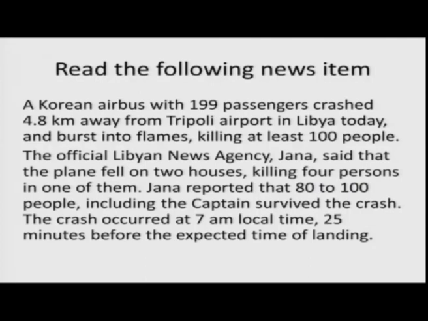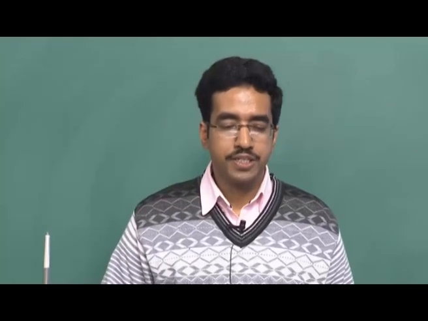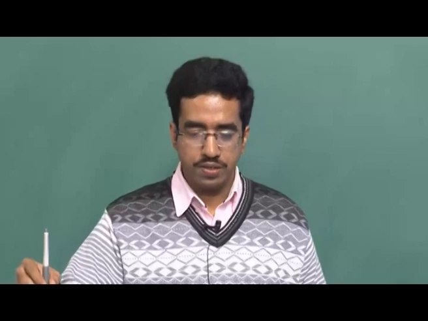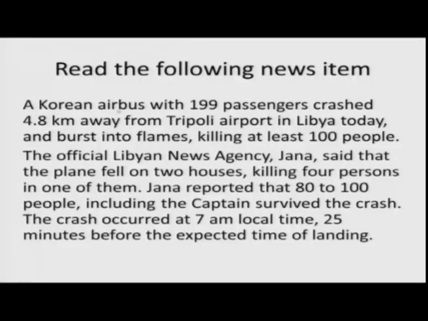So, now that we have gone through this short paragraph, what is the main idea here? It is of course reporting a crash. So, the questions are where, when, and what is the aftermath, what is the effect of that crash. So, the details are, this is a Korean Airbus, it had 199 passengers.